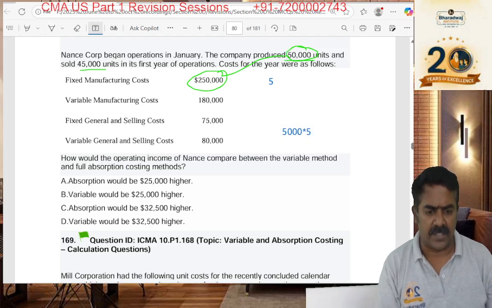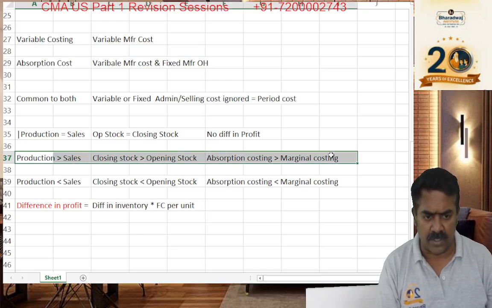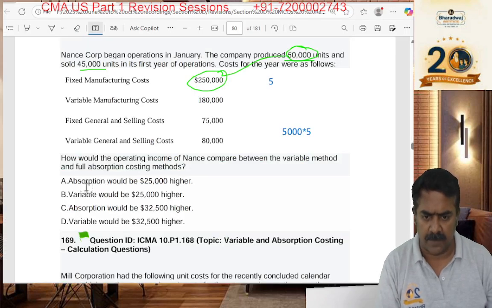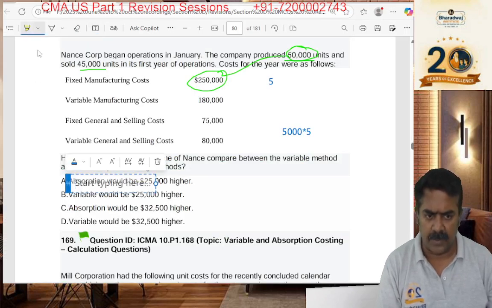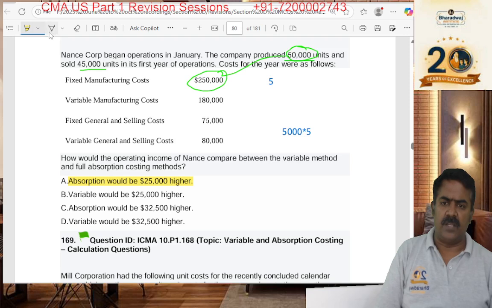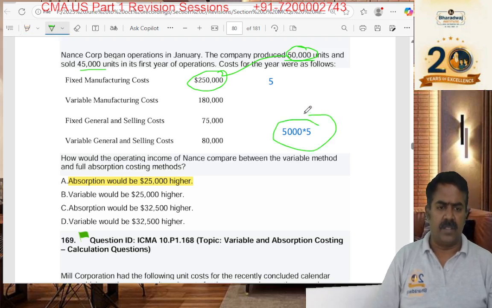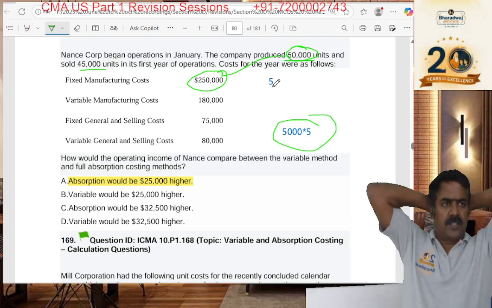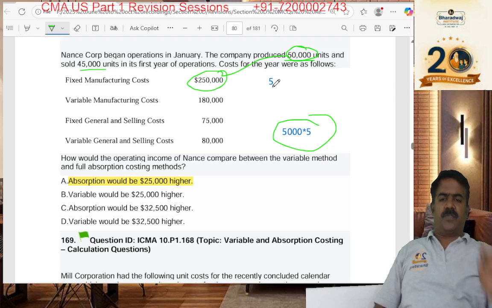Production is more than sales. When production is more than sales, absorption costing profit will be higher than marginal costing. Absorption costing will be 25,000 higher. We consider only the fixed cost per unit. Why? The profit between absorption costing and marginal costing differs only because of fixed manufacturing overheads.